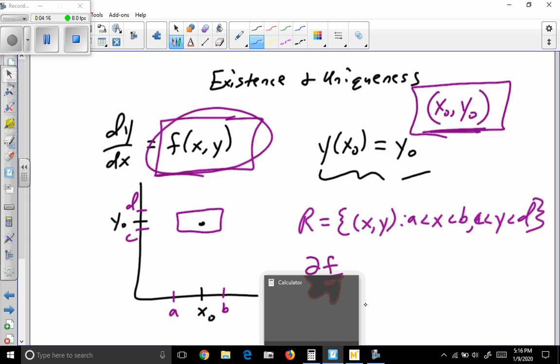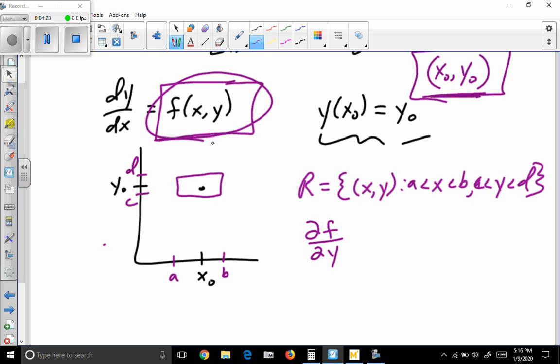So if f and the partial of f with respect to y are both continuous at x sub 0, y sub 0, and points around it, then we say that there is a solution. There is a solution that exists, and it's unique.